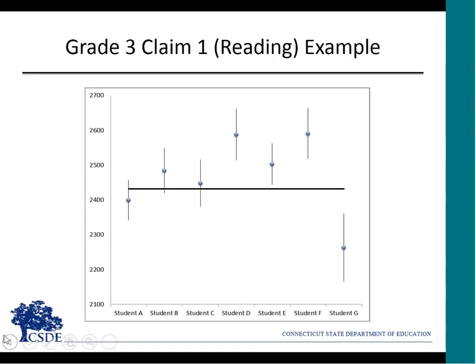And second, using 1.5 times the standard error of measurement instead of just 1 to establish the confidence interval gives us a greater confidence in the claim level performance category that is assigned to the student. However, use of this wider confidence interval will result in more students being assigned to the middle category of approaching standard.